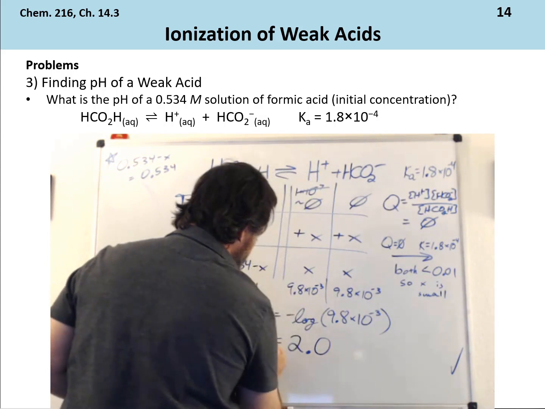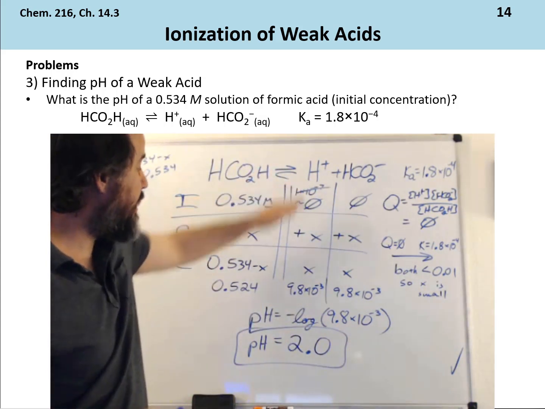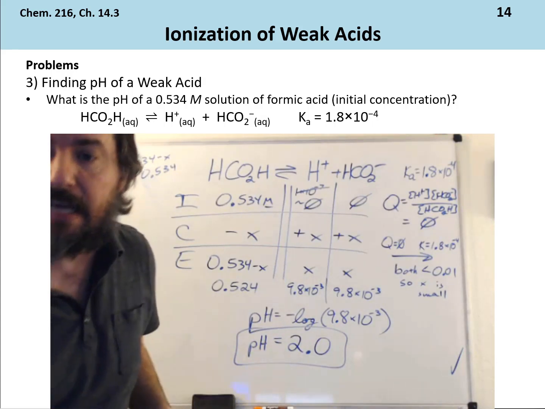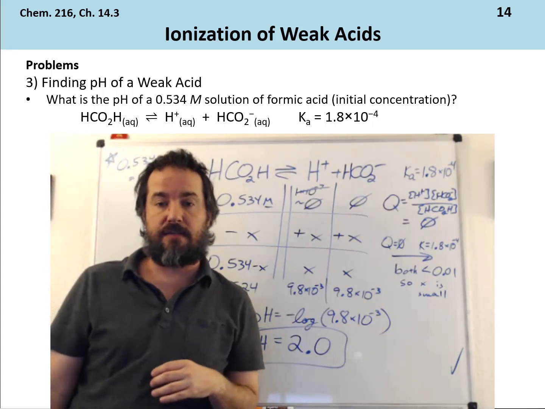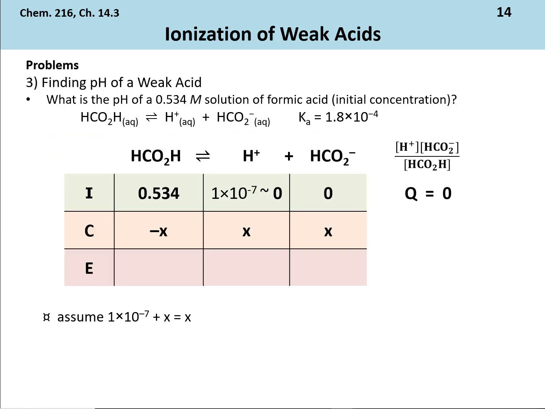That is my pH. Does it make sense? Well, I added in an acid and I get an acidic pH. So it makes sense. Let's look at this on the screen.